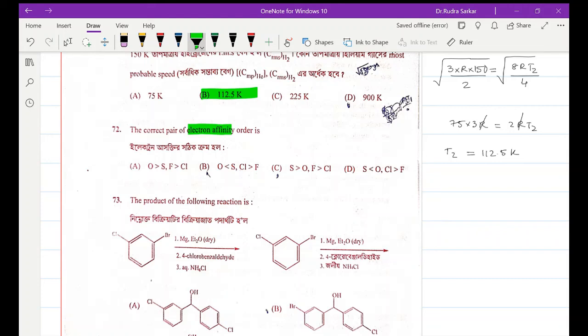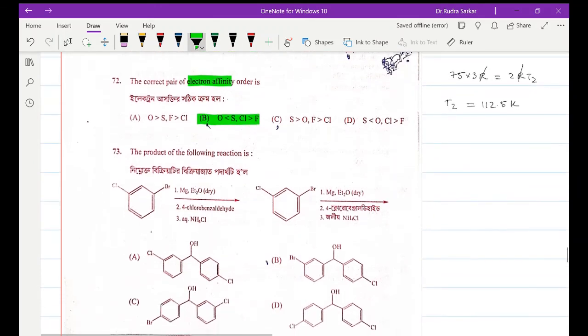So here also oxygen will be having less electron affinity than sulfur. So option B is the correct option over here.